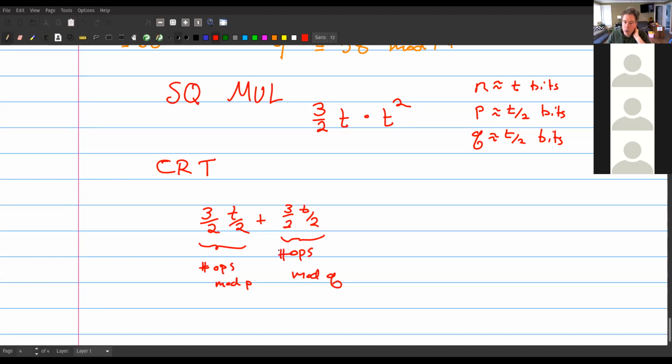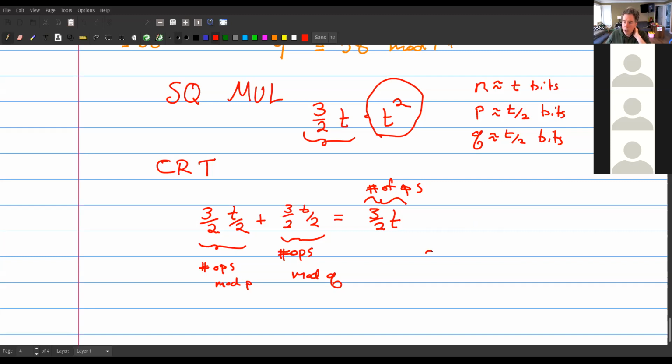If you add these two things together, it's kind of funny, you get exactly 3 halves t again. So the number of operations is the same as when you do the regular square and multiply algorithm. But the reason it's an improvement is because now each operation doesn't take t squared, because the numbers that you're multiplying are much smaller. They're half as many bits.